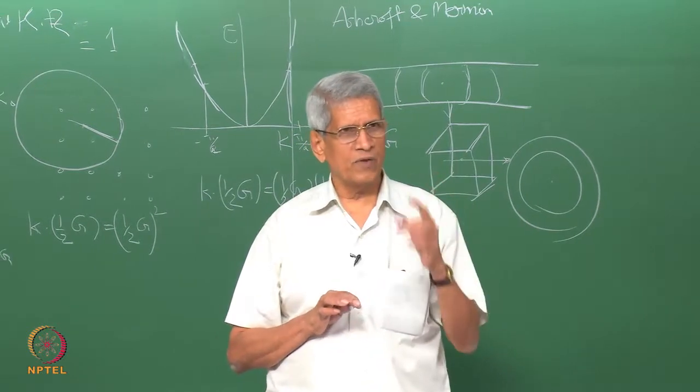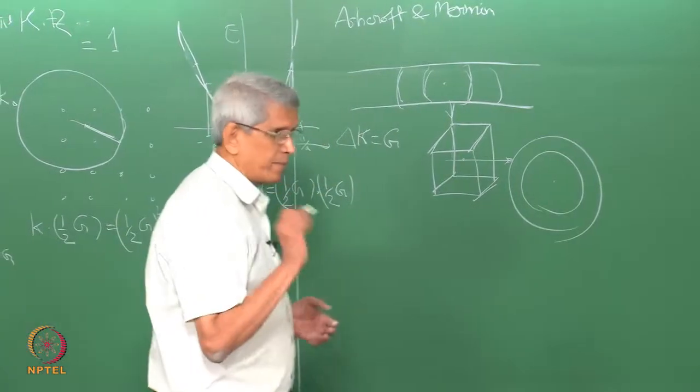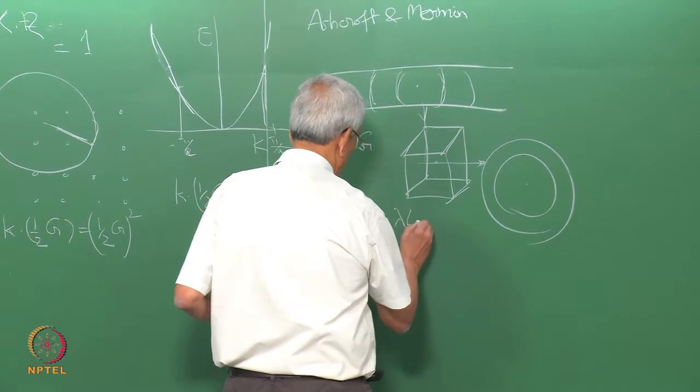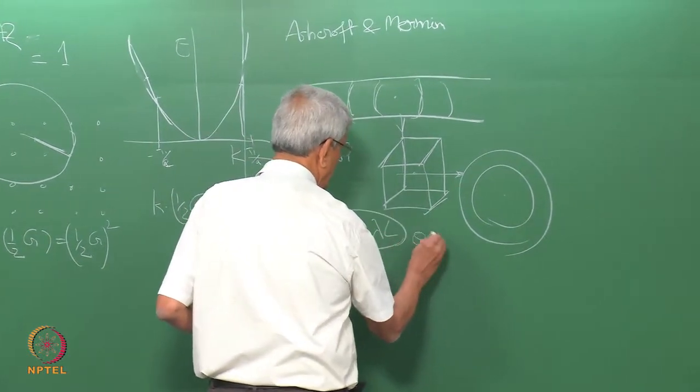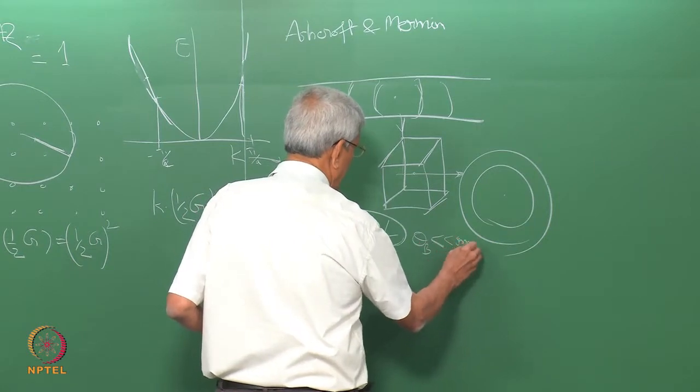The only thing we have not considered is the expression which we have written, d into D equals lambda into L. This is for the condition when the Bragg angle theta is very small.